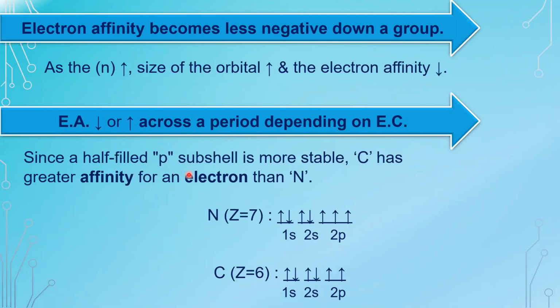Since a half-filled subshell is more stable, carbon has a greater affinity for an electron than nitrogen. Here comes its electronic configuration. Because nitrogen is half-filled, it is more stable. Hence, carbon can attract more electrons.